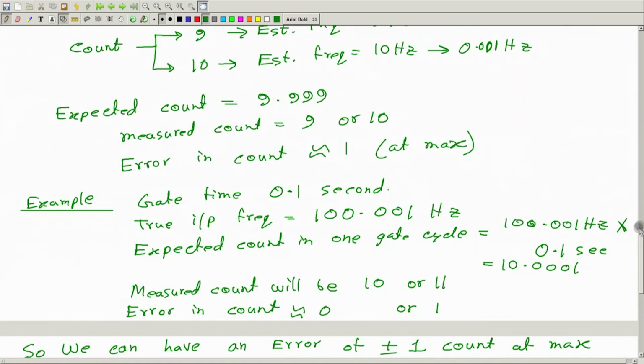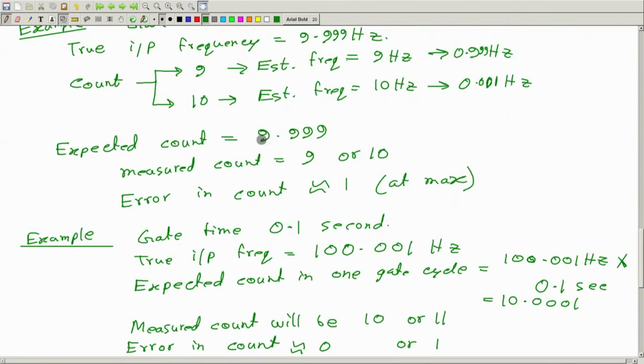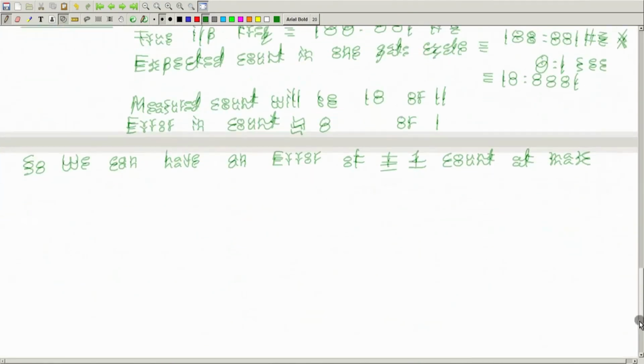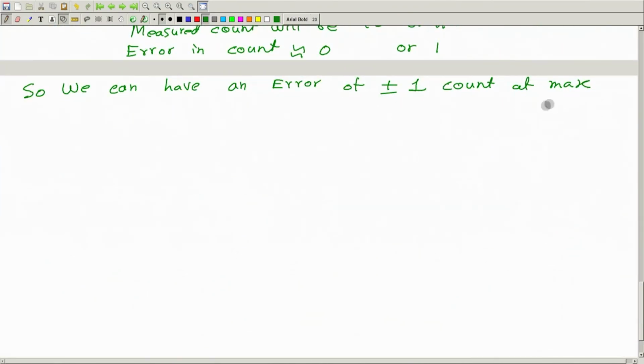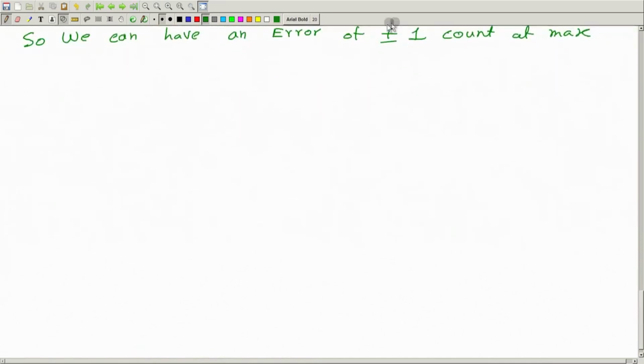In the previous example the expected value was 9.999, but if the value comes out to be 9, then it is a negative error, and the measured value is less. How much? By an amount of 1. So, we can have either plus or minus 1 count at max. This is the error that we can encounter.